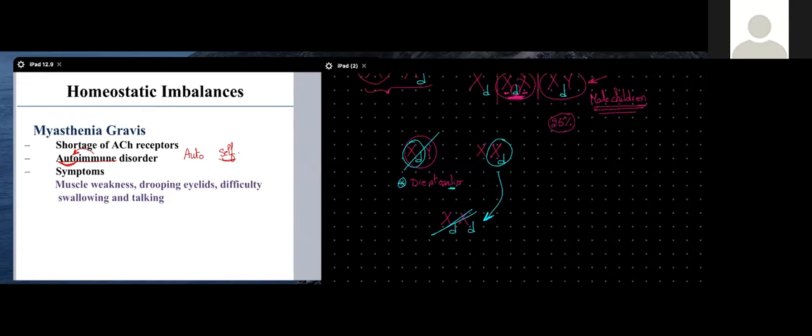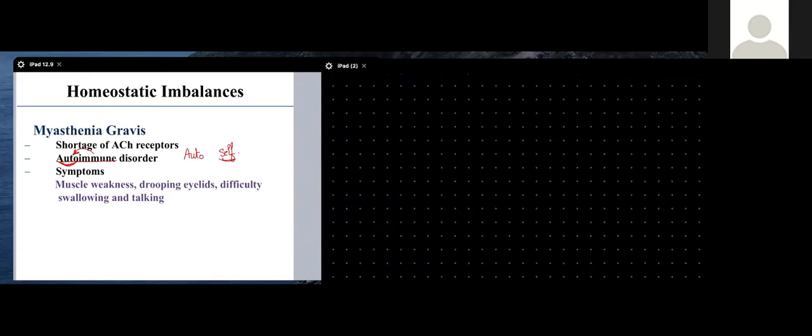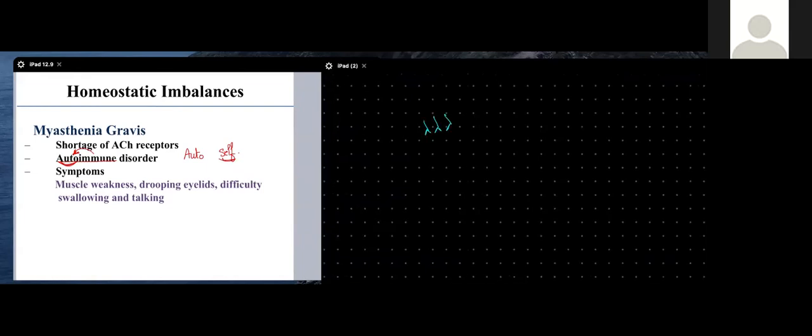So the immune system starts to target my own tissues. And in this specific disease, the immune system is going to be producing immunoglobulins that will be binding to the acetylcholine receptors.